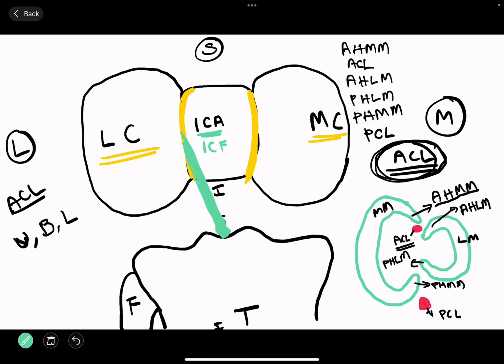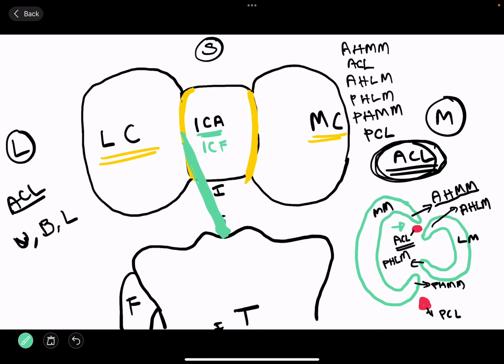Below, it is attached to the anterior part of the intercondylar area between the anterior horns of the medial and lateral menisci. Above, the anterior cruciate ligament is attached to the medial surface of the lateral condyle of the femur.